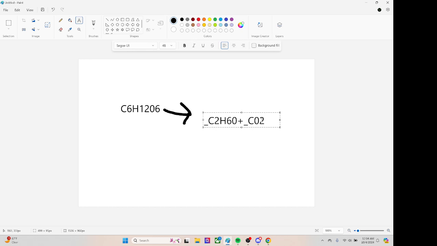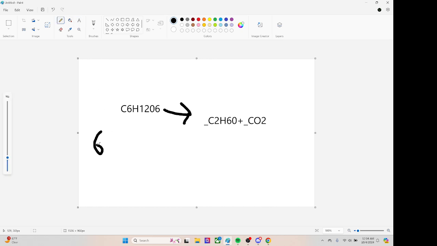So what could this be? For a start, you gotta calculate the amount of atoms you have. So what do you got here? 6 carbon, 12 hydrogen, and of course 6 oxygen.